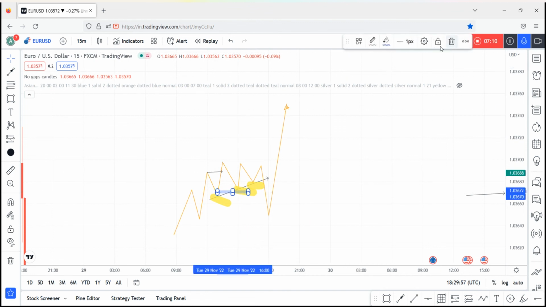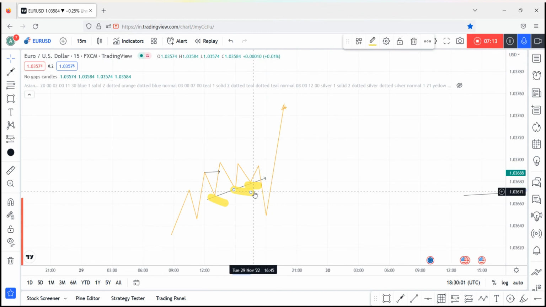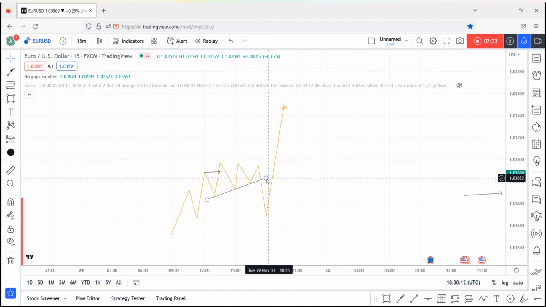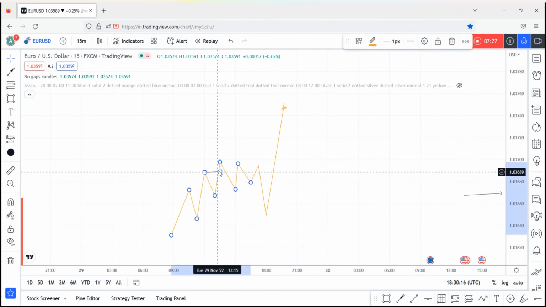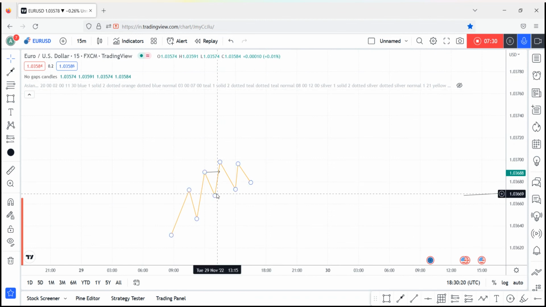So you don't have to buy from this zone, you just have to support the liquidity first. And if you support the liquidity, there is a high chance that you can become profitable, and your target will go in the direction you have placed, right? So this is a bullish direction.